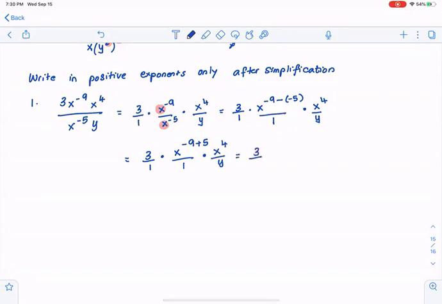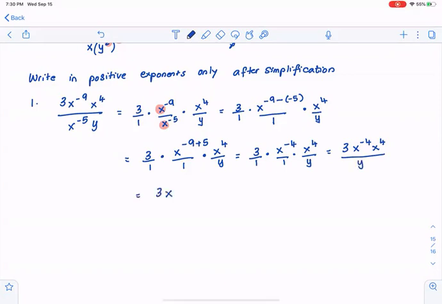So 3 over 1, x raised to negative 9 plus 5 is negative 4 over 1 multiplied by x raised to 4 over 1. So in the numerator, we have 3 multiplied by x raised to negative 4 multiplied by x raised to positive 4, divided by 1 times y, which is just y.